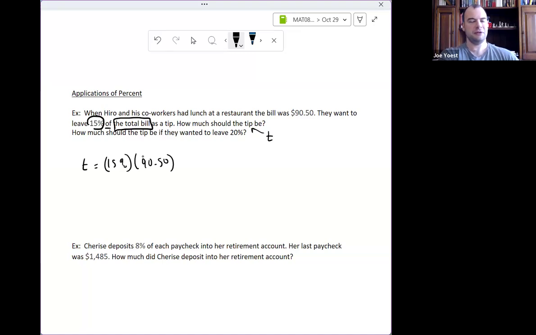So 15%, I can do 0.15 times 90.50, and I can carry out this computation. It might not be a bad idea to just do this for practice. So I'll leave this as an exercise.